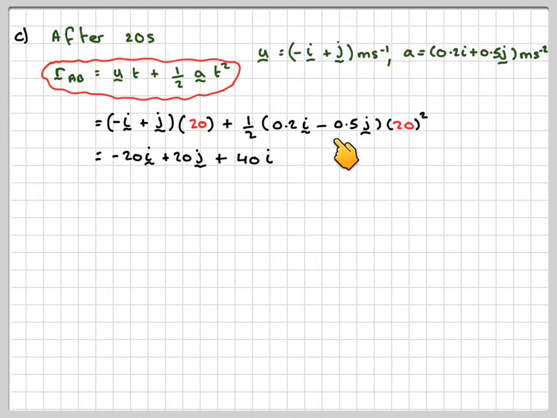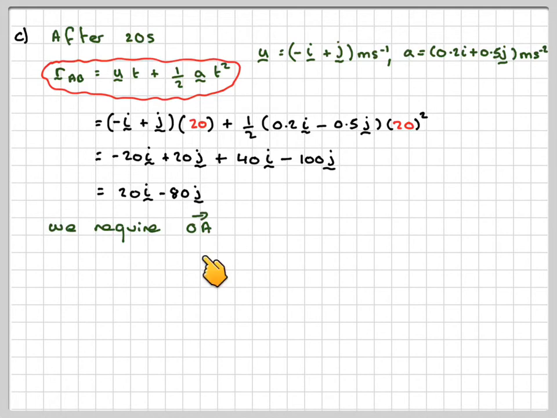Then a half times -0.5 times 20 squared, which gives me -100j. Collecting up the components, -20 plus 40 gives me 20i, and 20 minus 100 gives me -80j. So going from A to B, the vector will be 20i - 80j.